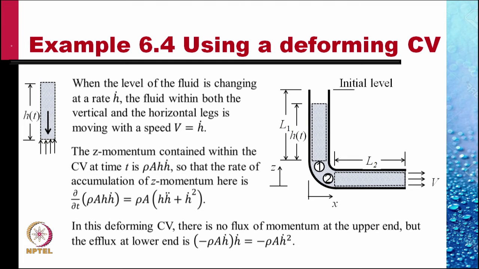In this deforming control volume, there is no flux of momentum at the upper end, but the flux at the lower end is minus rho A h dot times h dot. Minus rho A h dot is the volume coming out, negative because it is downwards, times h dot, and so the net efflux of momentum is minus rho A h dot square.